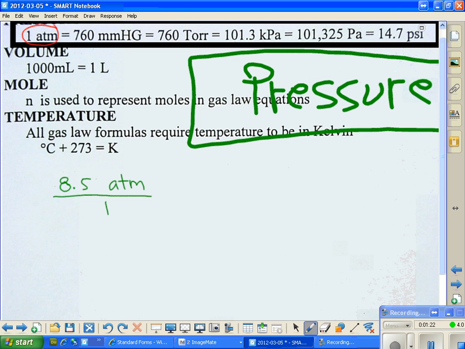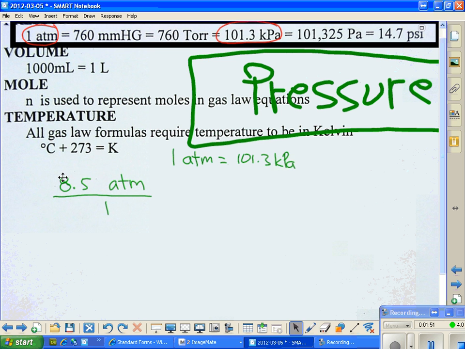We're going to go atmospheres to kilopascals. That's the equality, because 1 atmosphere is equal to 101.3 kilopascals. So let's write the equality before we do anything else. 1 ATM is equal to 101.3 kPa.